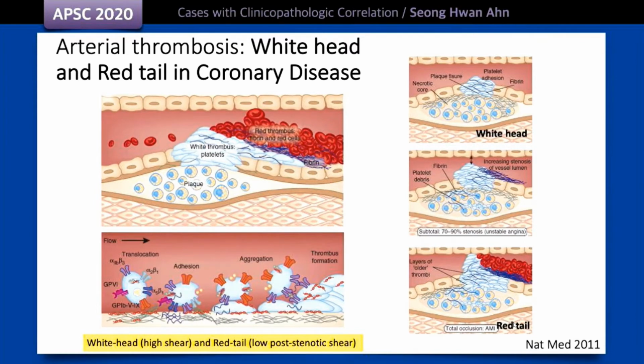In the next step, activated platelets activate fibrins, which capture the red blood cells in the artery. Finally, a thrombus mass is formed. It looks like a platelet head and red blood cell tail.